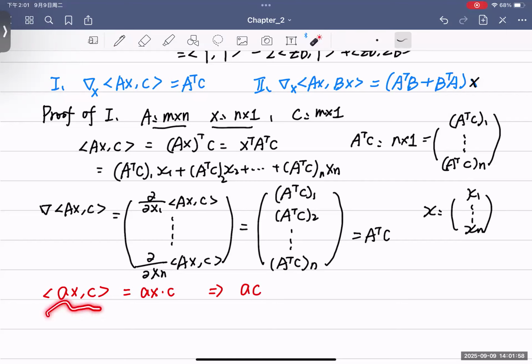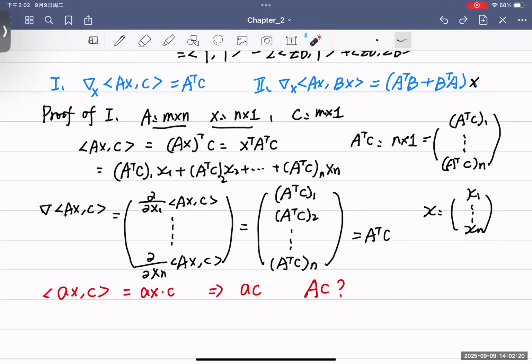But when everything becomes multi-dimensional, like A is M times N and C is M times 1, this result becomes A times C. Of course, it's not true, because A and C do not match in size.